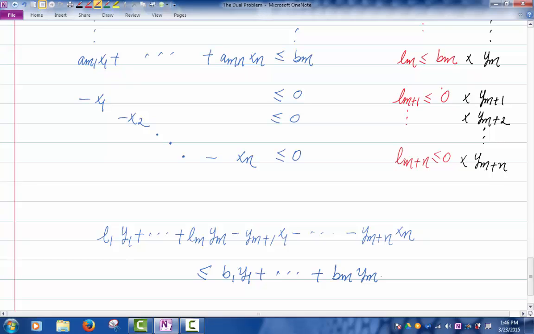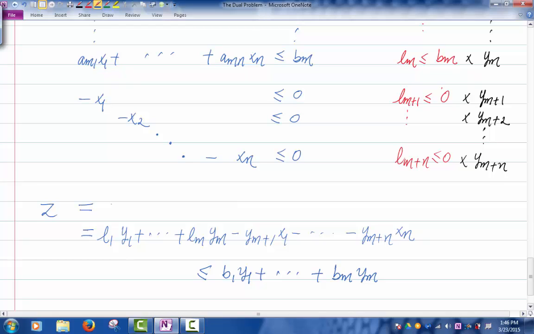Now remember, what do I want the left hand side to be? I want this left hand side, when I add them together, to be z, right?